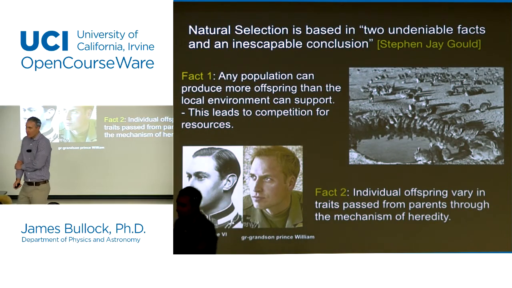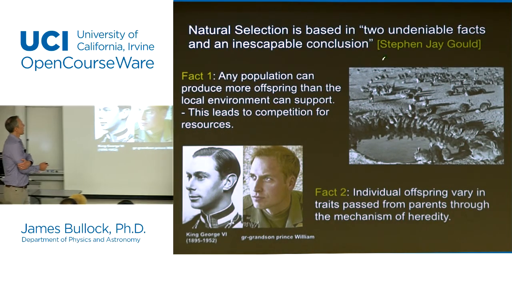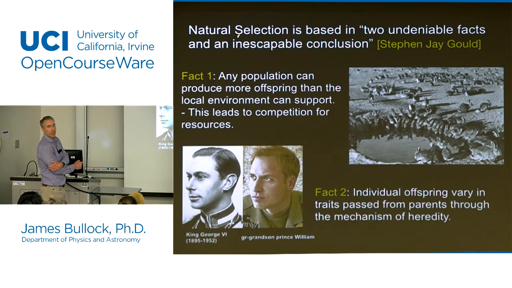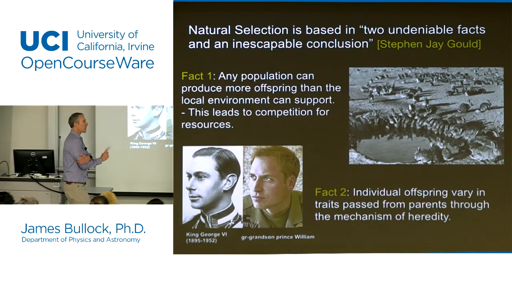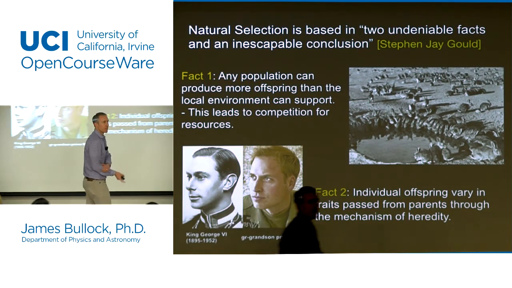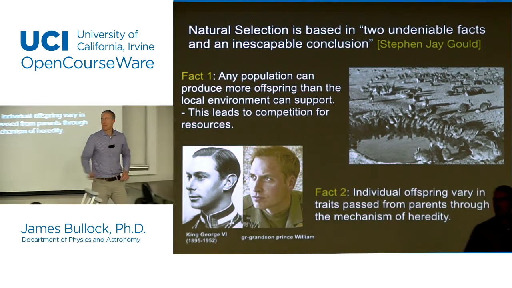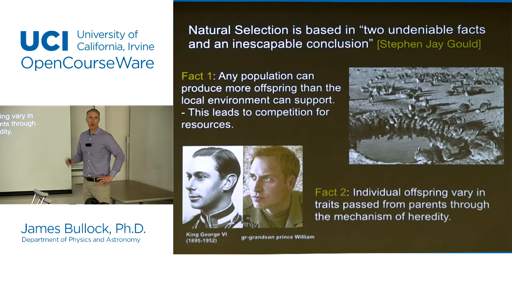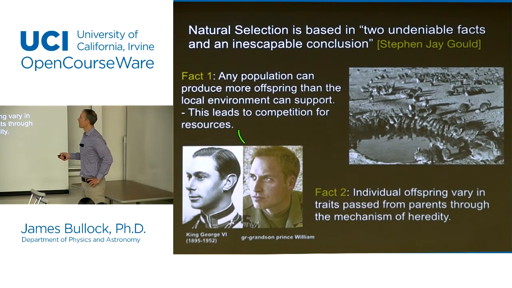So Stephen Jay Gould has said the following, which I think is a very useful way of seeing it: the idea of natural selection is based on two undeniable facts and one inescapable conclusion. The first fact is that any population can produce more offspring than its environment can support.